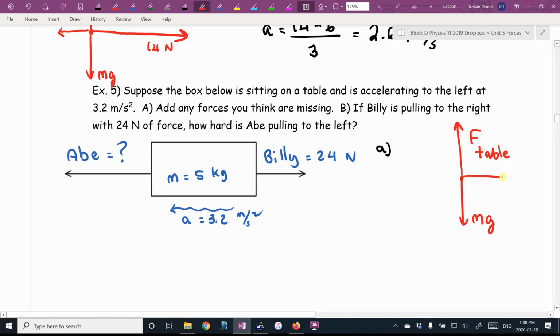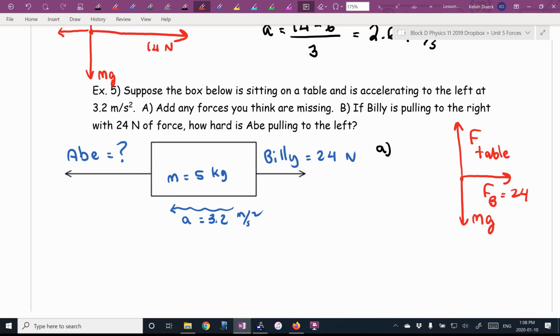I notice I have Billy pointing to the right. I'll call Billy's force FB for Billy. I have Abe pointing to the left. Am I going to draw Abe bigger, smaller, or the same size as Billy's 24? How do I know bigger?